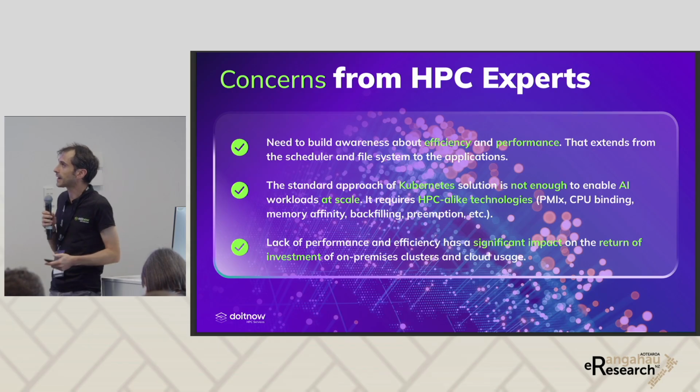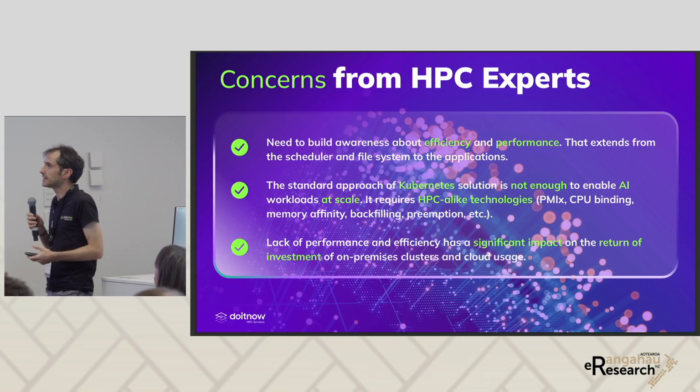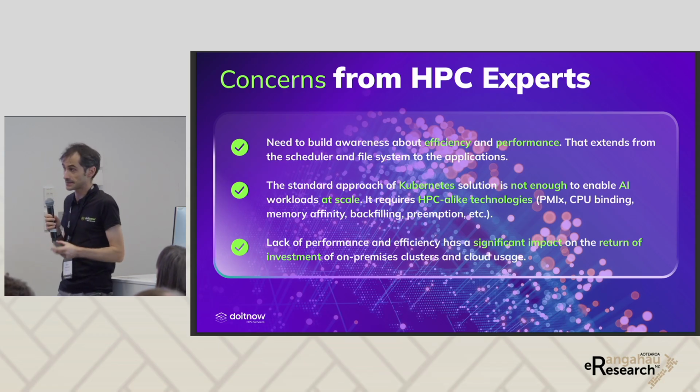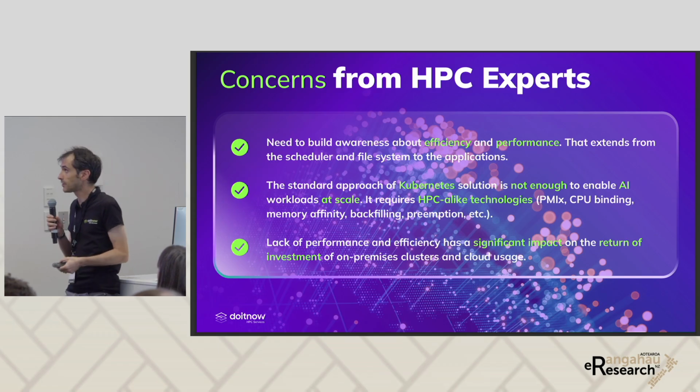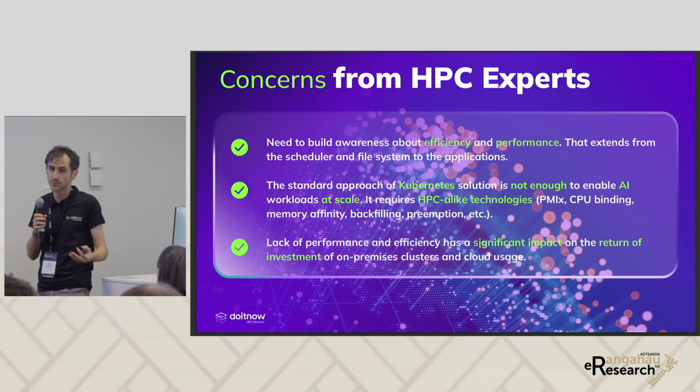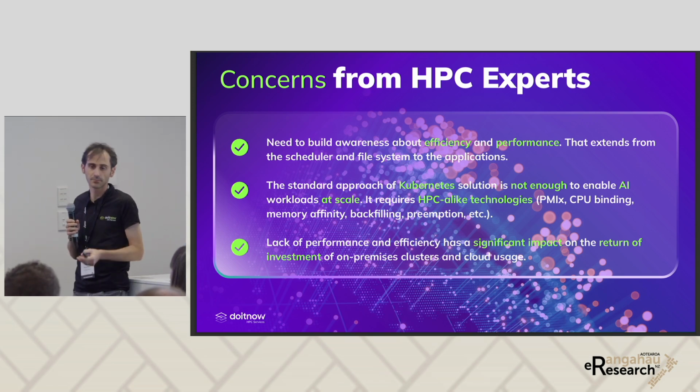So with that in mind, coming from an HPC-focused world, we identified that there is this gap in awareness and relevance of the efficiency and performance aspect when running this type of workloads. When looking at the standard approach for Kubernetes deployments, coming from HPC, we noticed some weak points.